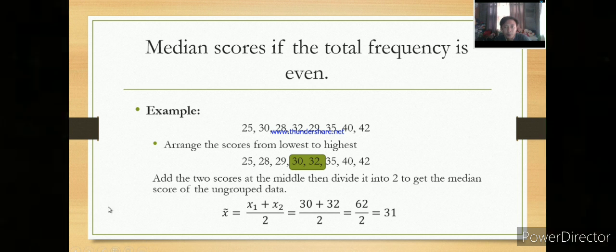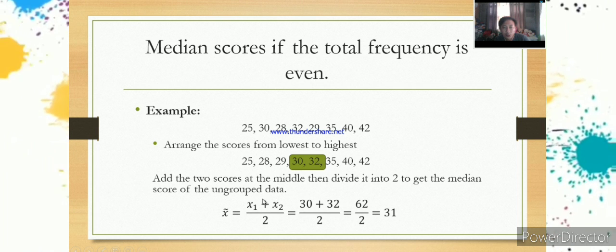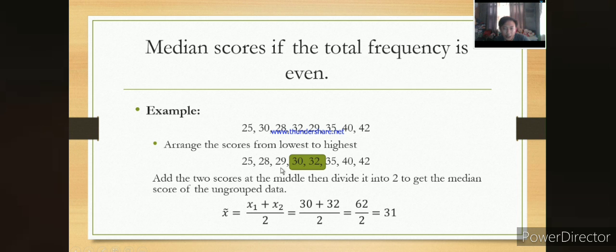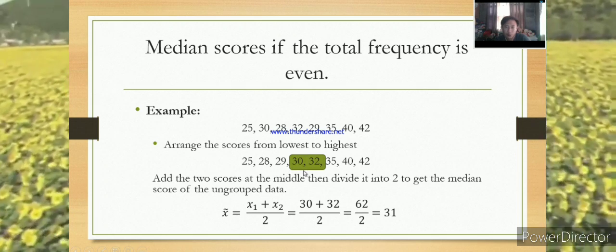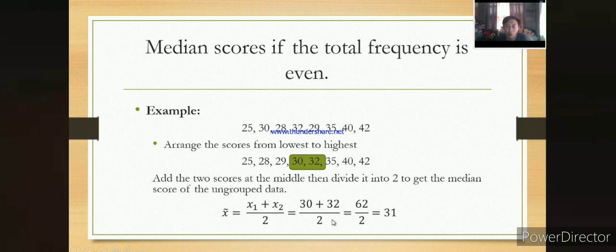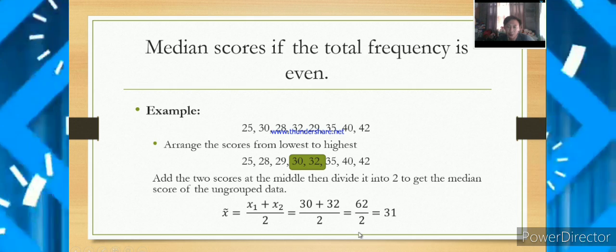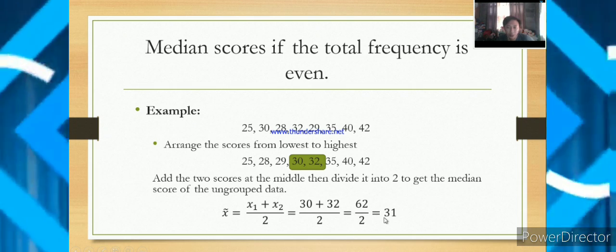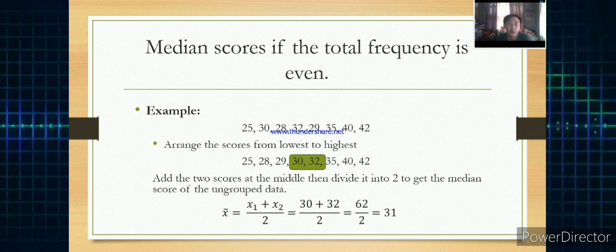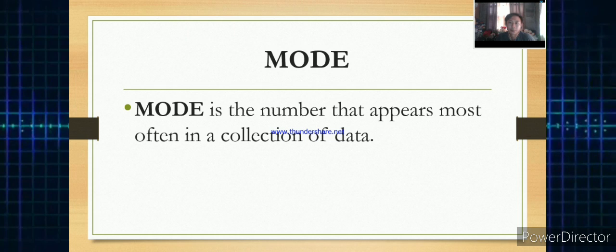So the formula is x sub 1 plus x sub 2, over 2, where x sub 1 and x sub 2 are the two at the middle. Then 30 plus 32 is equal to 62. Here, our median of the even is 31.